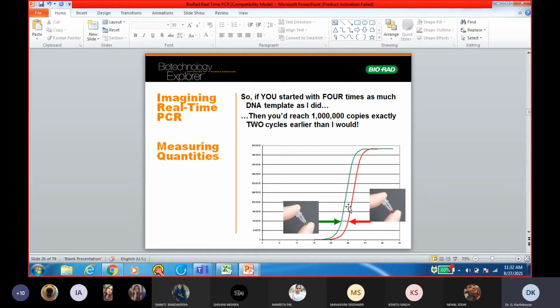You will still have a stationary phase, but the green one would jump a few cycles ahead, because as we saw, the green one has 4 times more sample. Or you can simply say this could be the person with the severe disease, and this could be the person with a mild disease. This is how the plot looks.